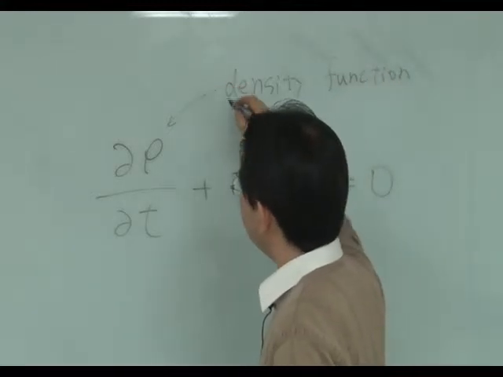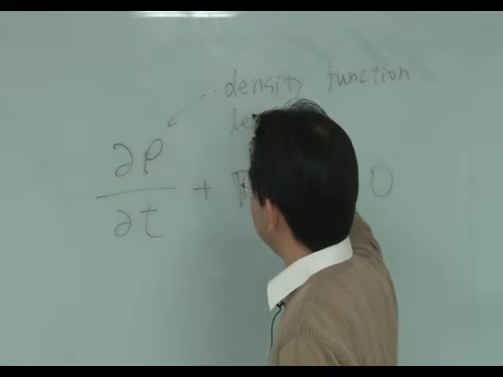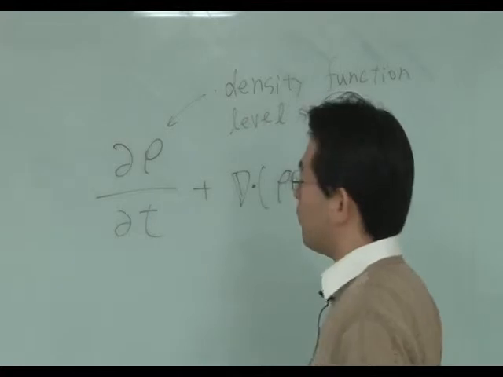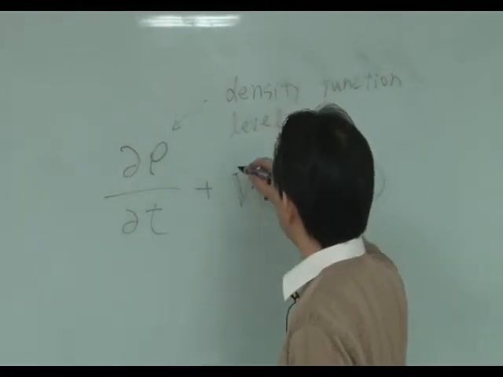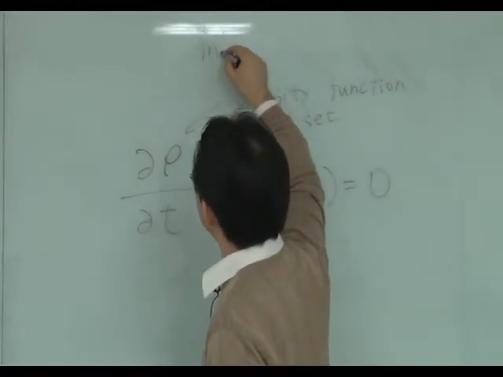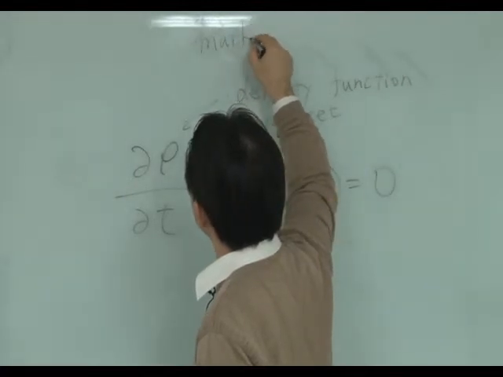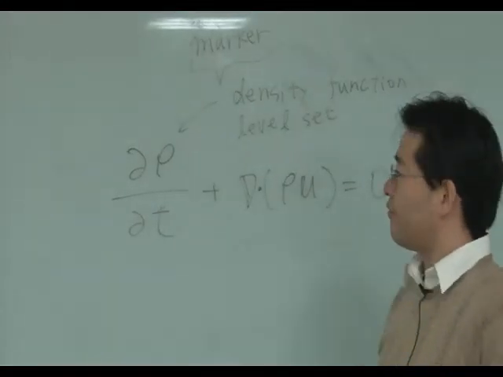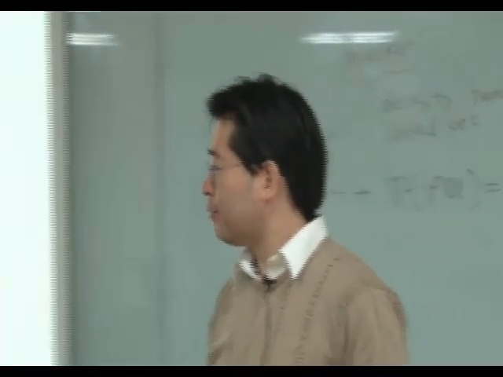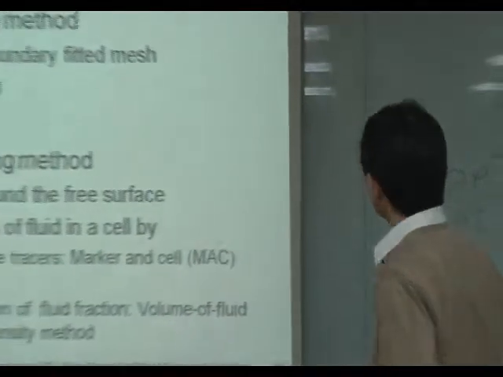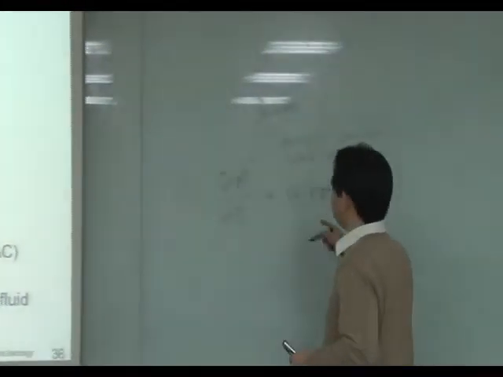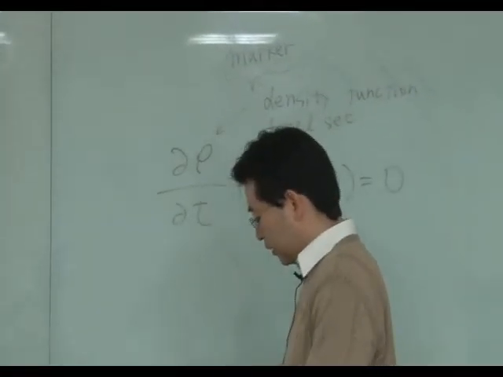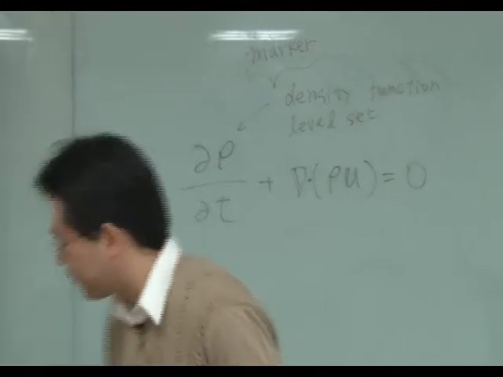Sometimes it will be called the level set function, or, I'm sorry, marker density function or level set function, and sometimes VOF function. The meaning of rho is to define the free surface position.